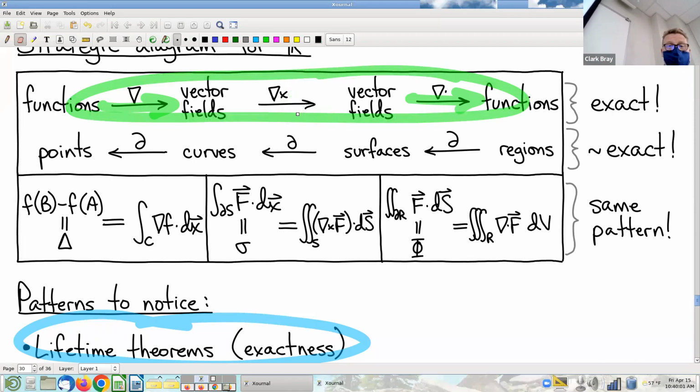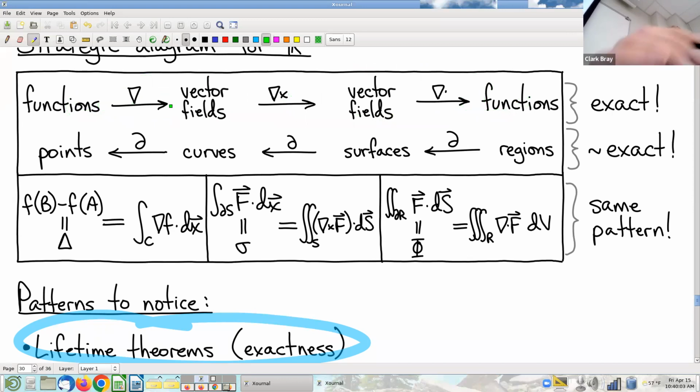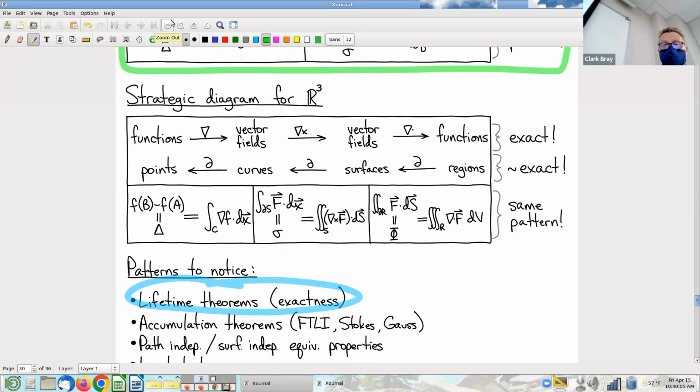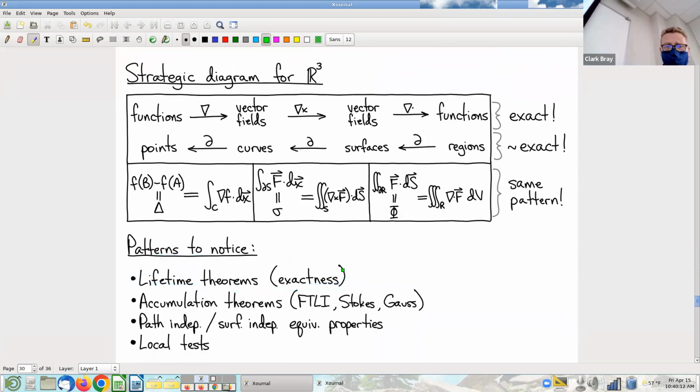Okay. All right. So let's talk about the accumulation theorems, the various different theorems that we've developed: fundamental theorem of line integrals, Stokes, Gauss, etc. Well, here's a way to think about the fundamental theorem of line integrals.